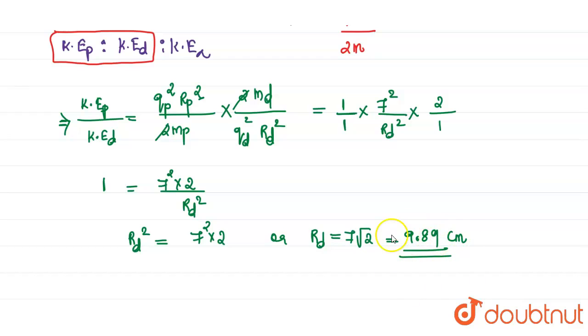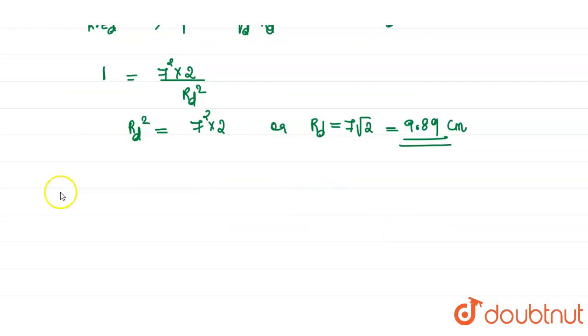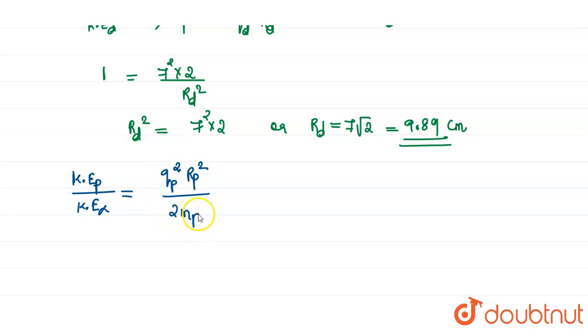Next, we need to find the radius of the alpha. For that, we need to take the ratio of kinetic energy of a proton to kinetic energy of alpha. So the equation becomes: kinetic energy of proton, charge of proton square, radius of proton square divided by 2 into mass of proton, over charge of alpha square into radius of alpha square divided by 2 into mass of alpha.